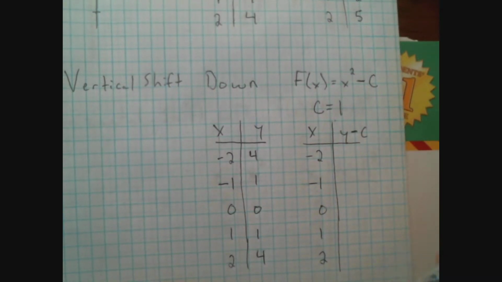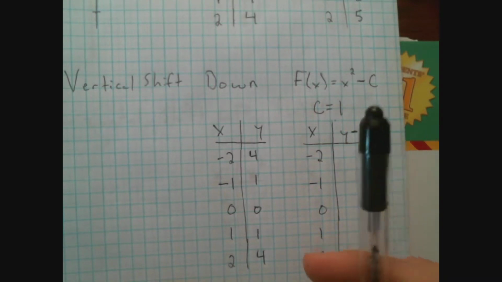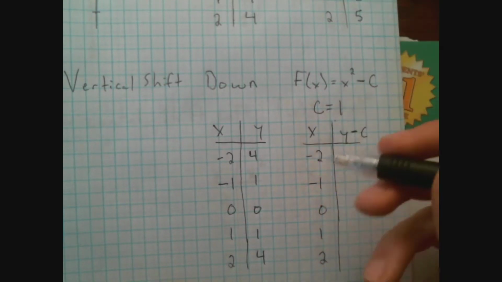So when you add, you move up, and when you subtract, you go down. So 4 minus 1 is 3. Then 1 minus 1 is 0. 0 minus 1 is negative 1. 1 minus 1 is 0 again. And then 4 minus 1 is 3.